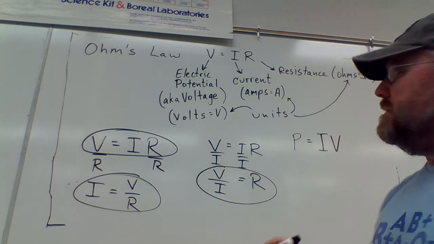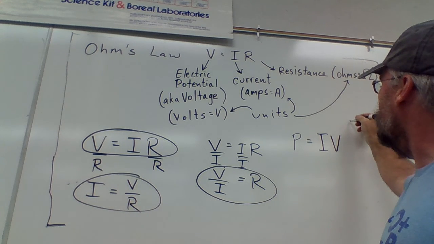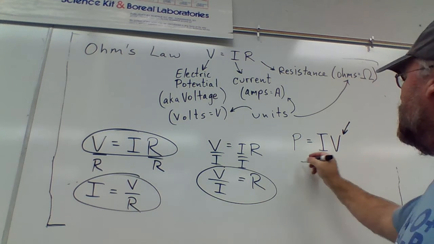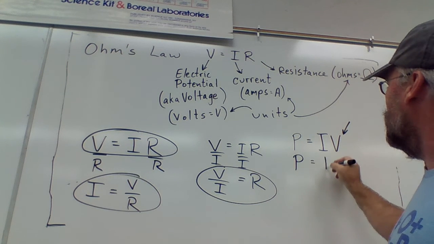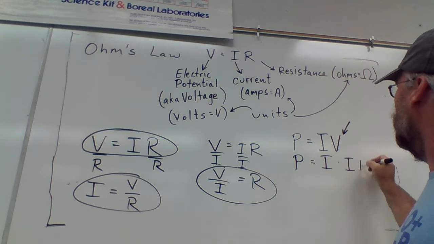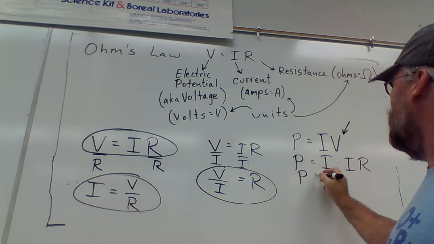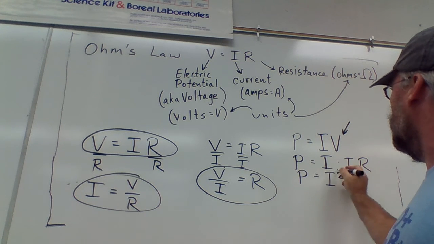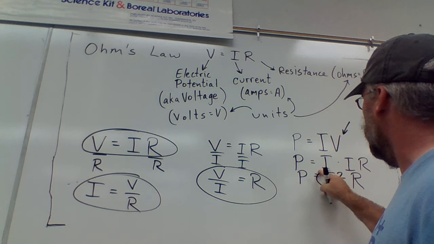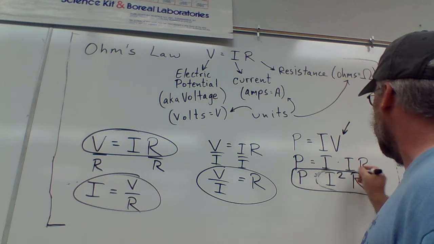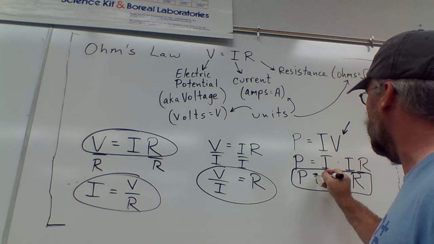And so if we took V and plugged in IR, well, then we would get P equals I times IR. And so P would be equal to I squared R. So, there is one equation that may be helpful.